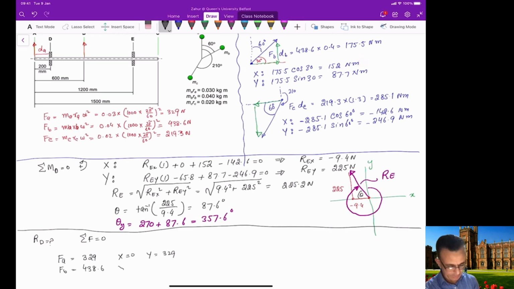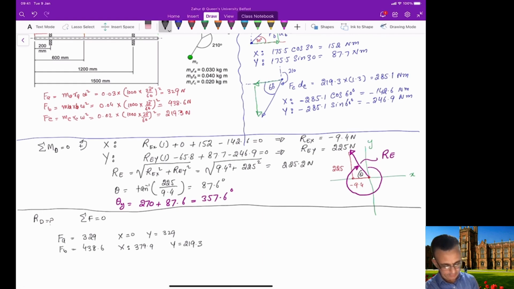The x value will be 438.6 cos 30, which will be 379.9, and the y component will be equal to 438.6 sine 30, which will be 219.3.